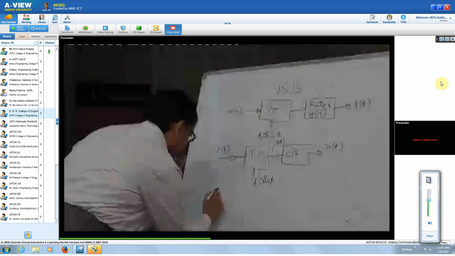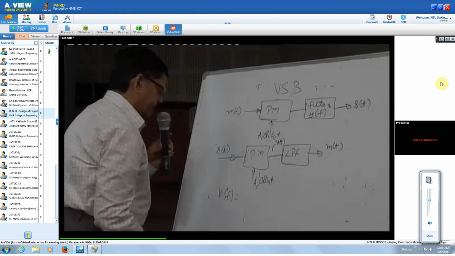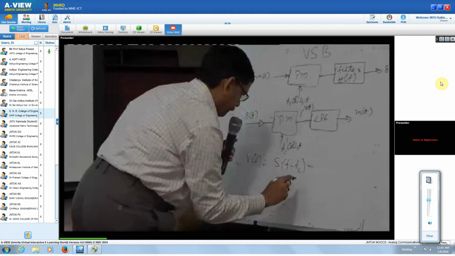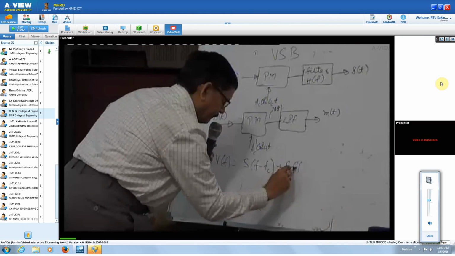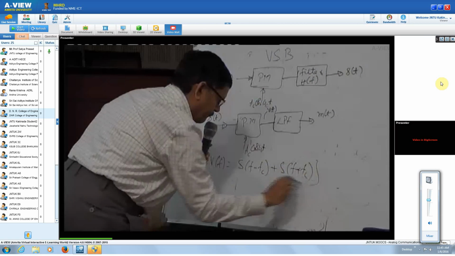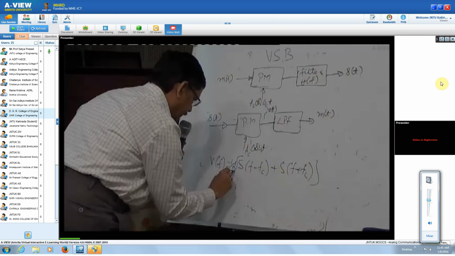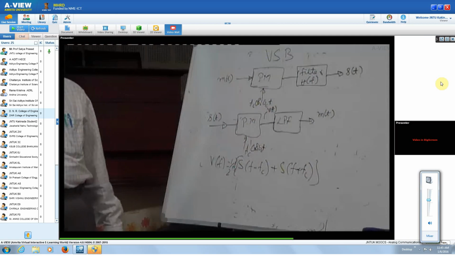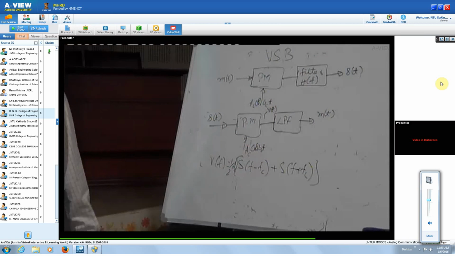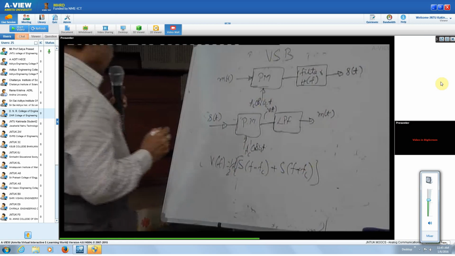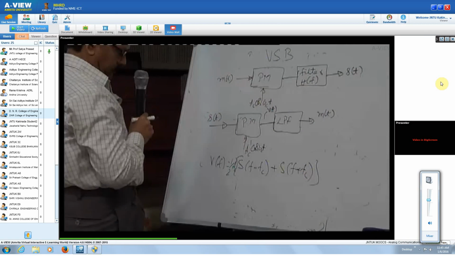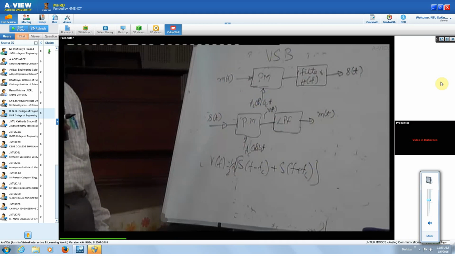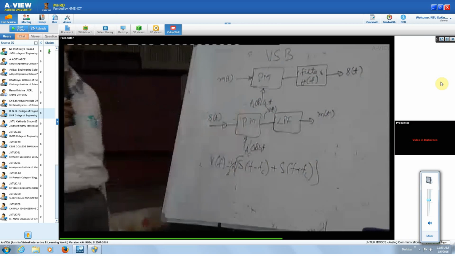Therefore, what will be v of f? It is 1 by 2 Ac prime, the S of f minus fc plus S of f plus fc, because they are having a product modulation here.